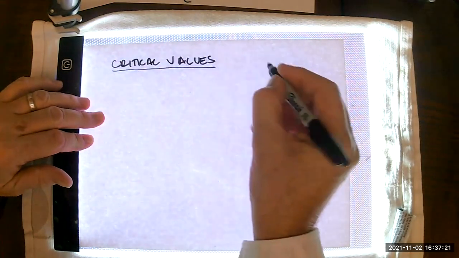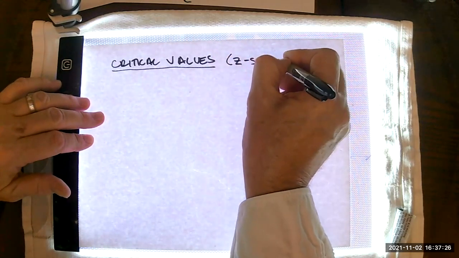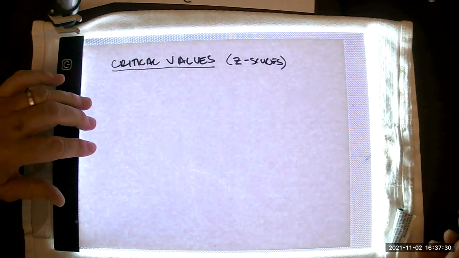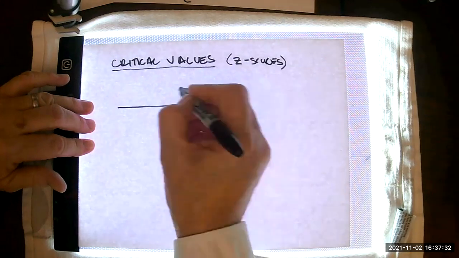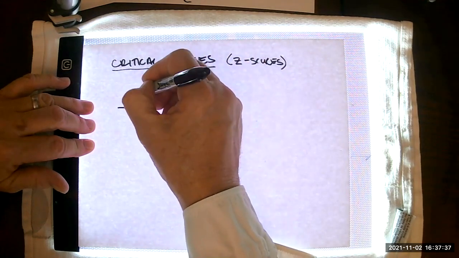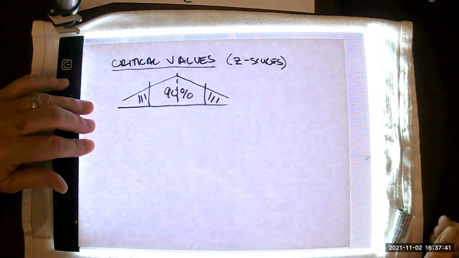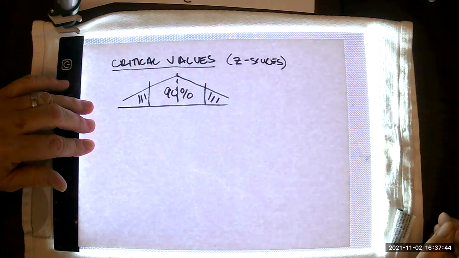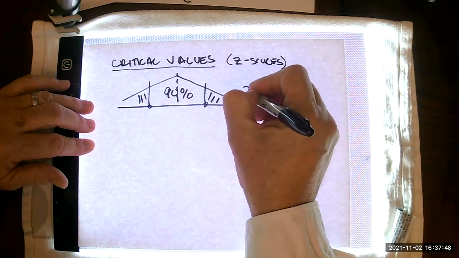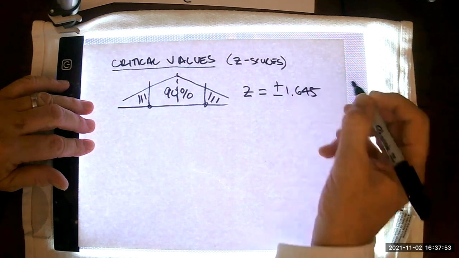I want to talk about critical values, specifically these z-scores. These critical values that we've been using are kind of locked in stone. For example, that last one that we looked at, for your 90% level of confidence with a margin of error of 10%, those values were z equals plus or minus 1.645.